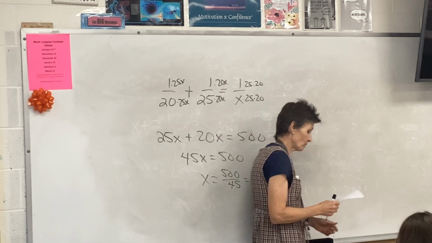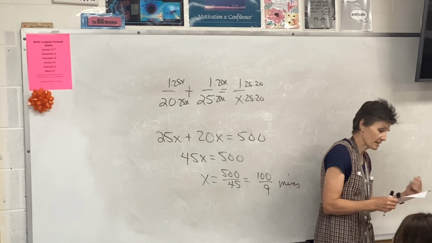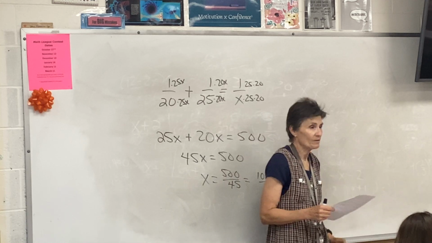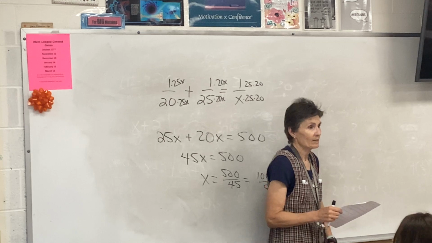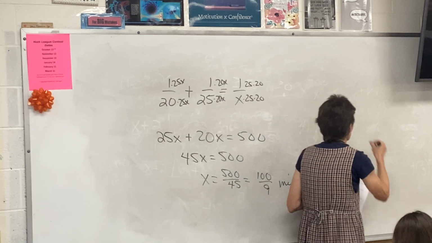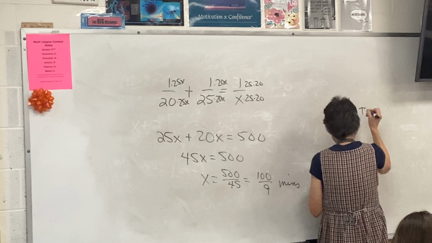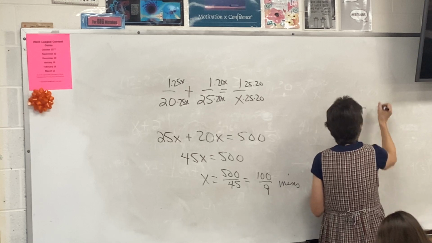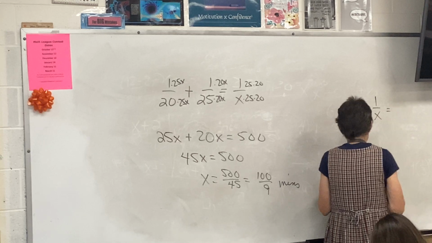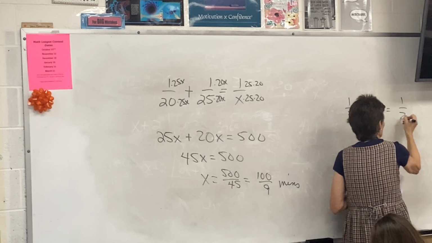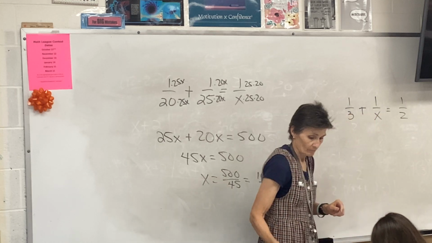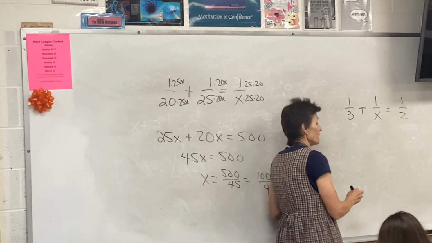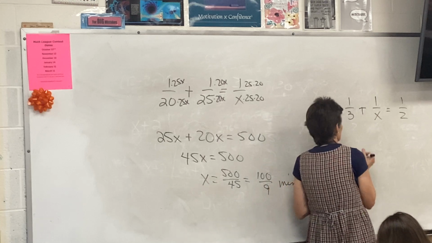Will can paint the room in 3 hours. Sophia can help, so it takes 2 hours together. How long will it take Sophia alone? What's that equation going to look like? 1 over 3 plus 1 over x equals 1 over 2. Common denominator is 6x.